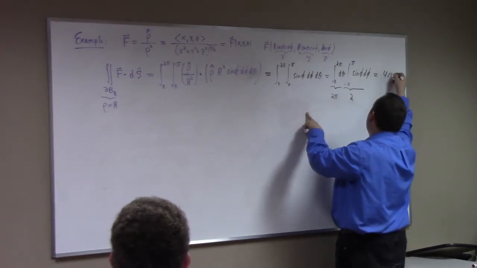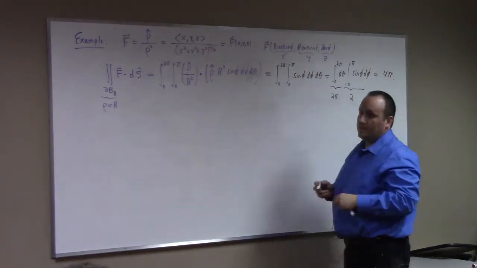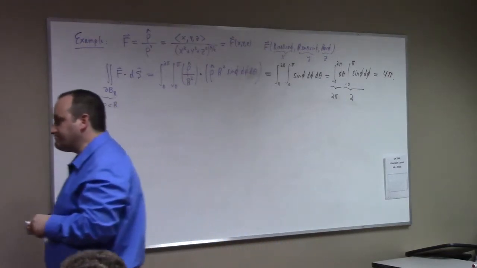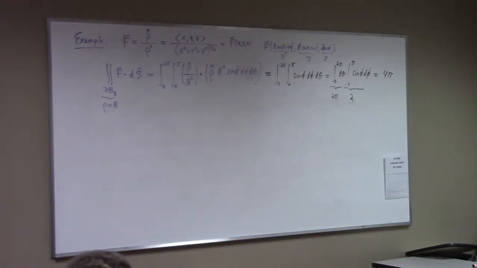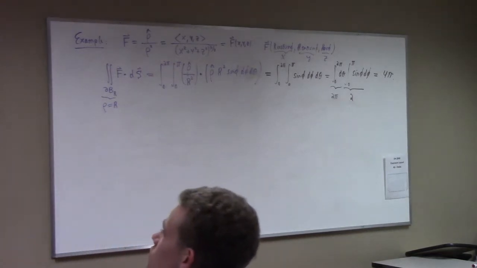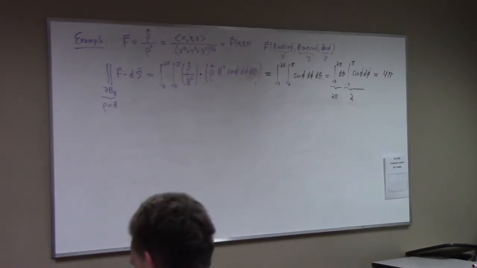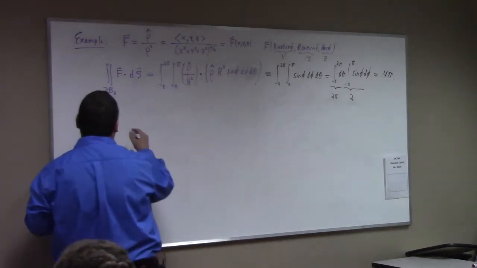So you get 4 pi. Great. So the flux is 4 pi. We got 4 pi k when I did this before because I multiplied this vector field by k, where k was a constant. Okay, what about Green's theorem? Divergence theorem. Calculate the divergence of this vector field. What's the divergence of F?